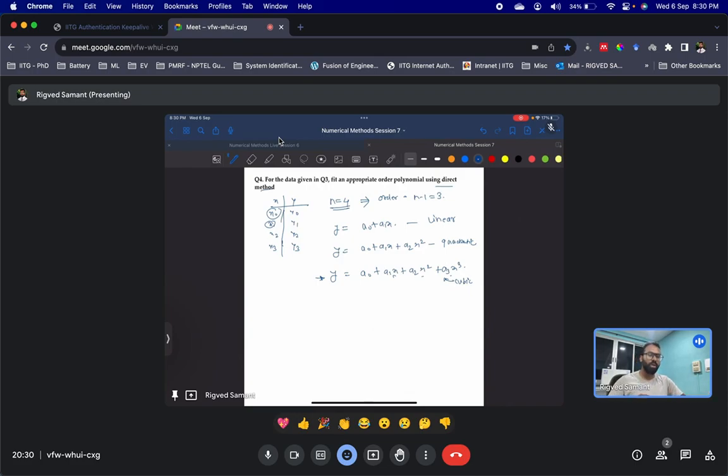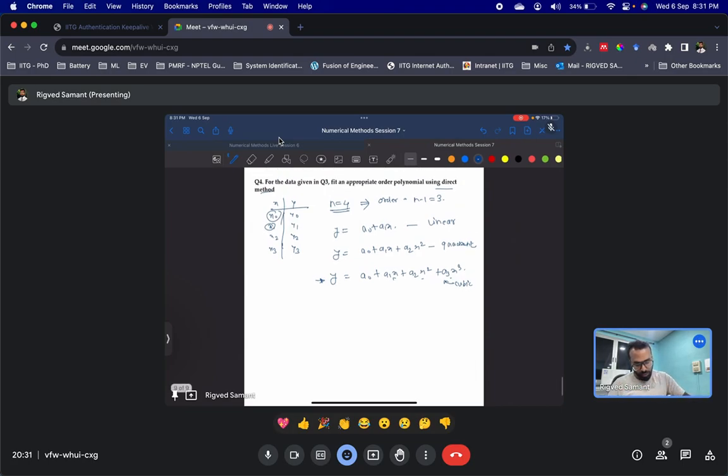So there would be how many? 4 simultaneous linear equations in 4 unknowns, that are a0, a1, a2, a3. Those 4 unknowns and 4 simultaneous equations I can get, and then I will solve it using Ax is equal to b, that we were doing yesterday, right? So we'll just do it for this one.